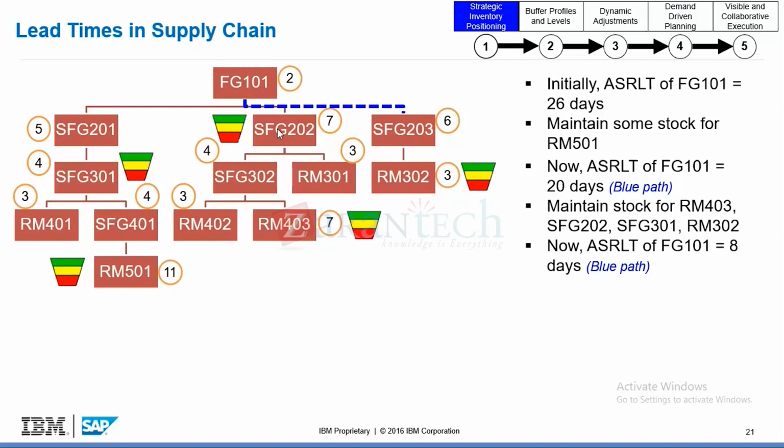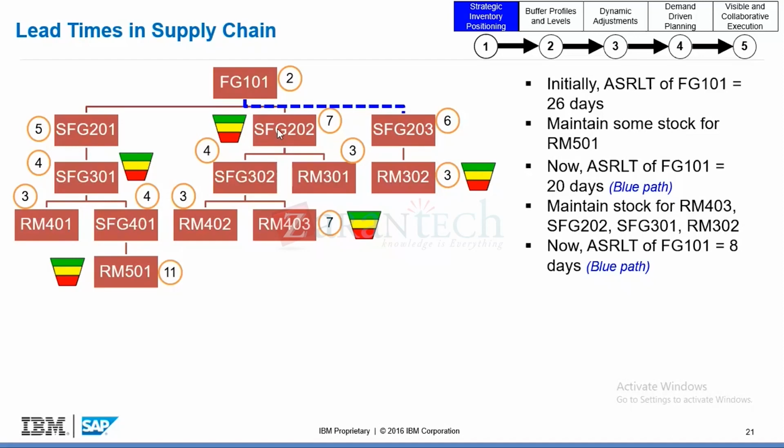So now the lead time has become this. So we don't have to procure this. RM 302 stock is also there.